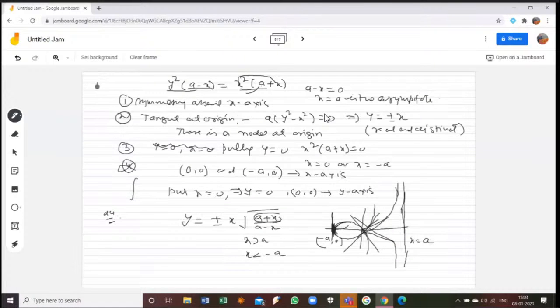Three things will be necessary to go to the application. First is the curve tracing. Second is the formula, whether it is for area, length, surface or volume. And third is the integration process. If you know integration for this function, then you can evaluate. So these three things are necessary for going to the application.